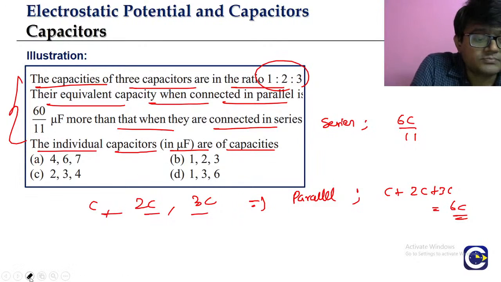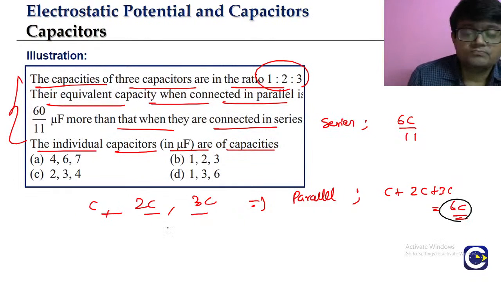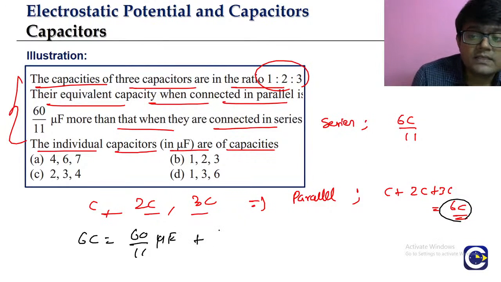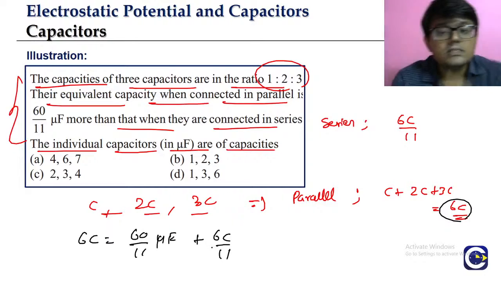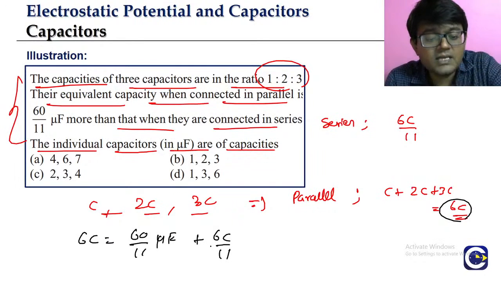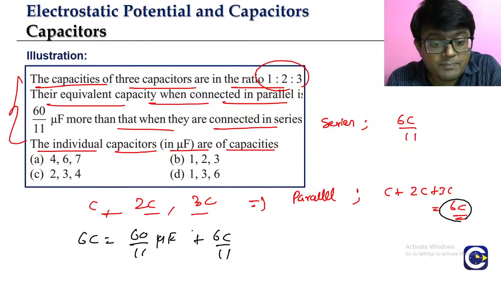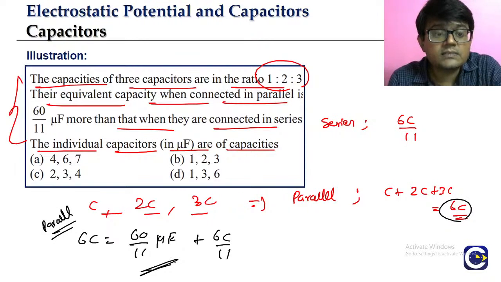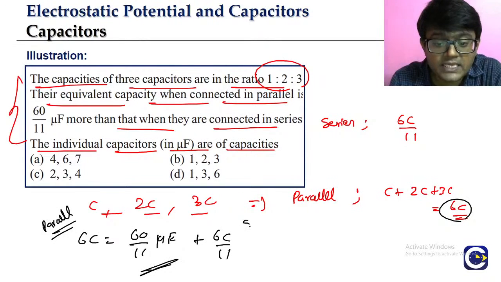That means the parallel equivalent capacitance 6C is 60/11 microfarad more than the series.